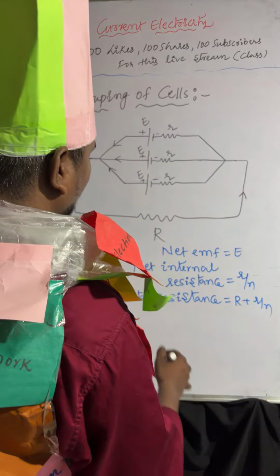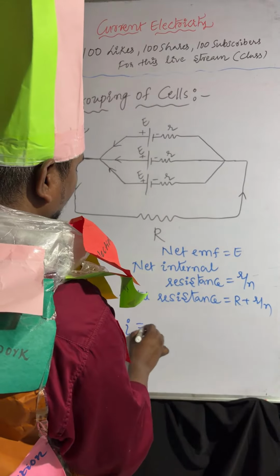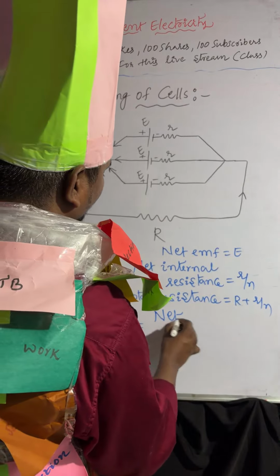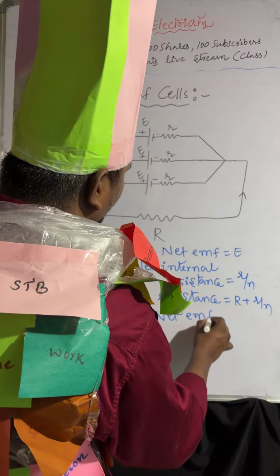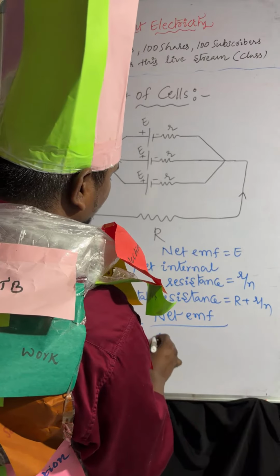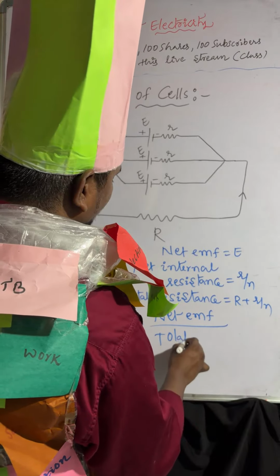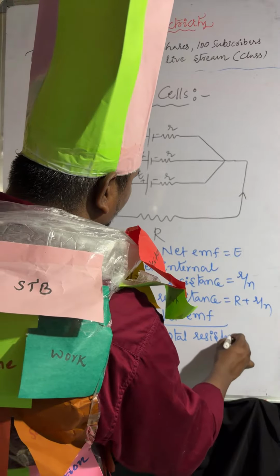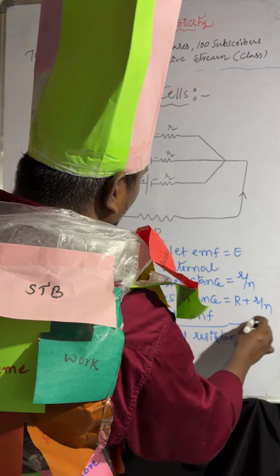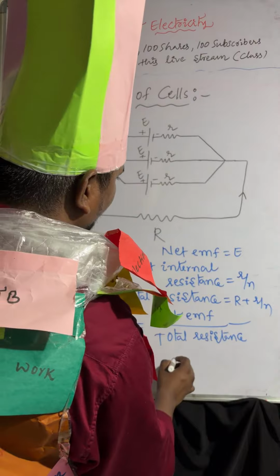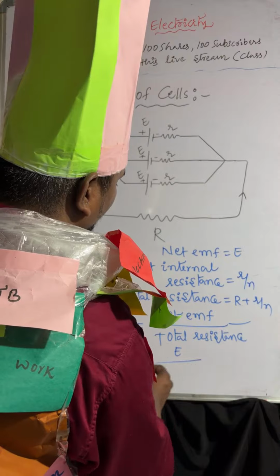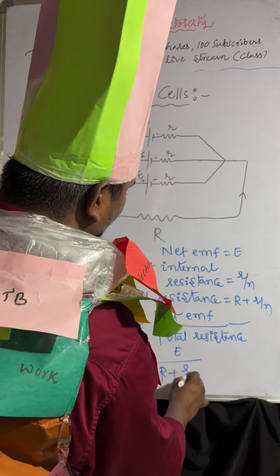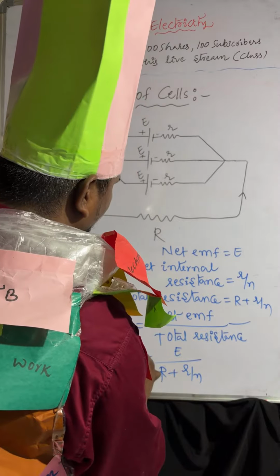So I equal to net EMF by total resistance, that is I equal to E by R plus r by n.